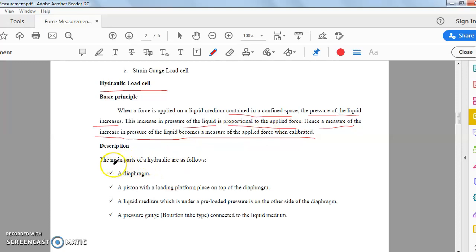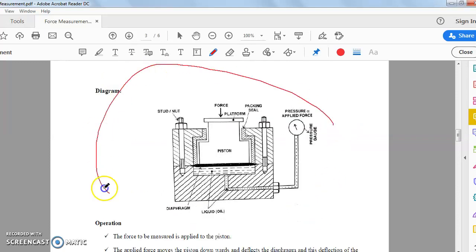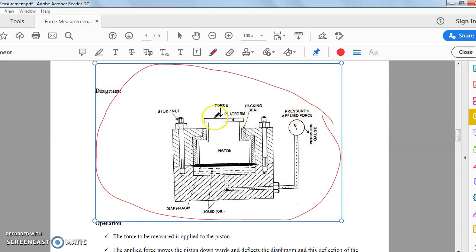What are the descriptions? The main parts of the hydraulic load cell are as follows: a diaphragm, a piston with a loading platform placed on the top of the diaphragm, a liquid medium which is under a preloaded pressure on the other side of the diaphragm, and a pressure gauge, mainly Bourdon type, connected to the liquid column. So this is the arrangement you see. Here you see this is the platform.